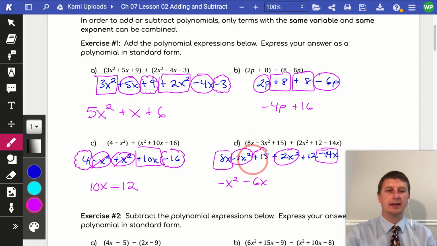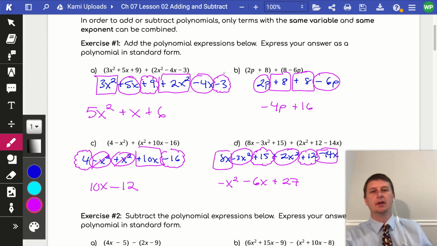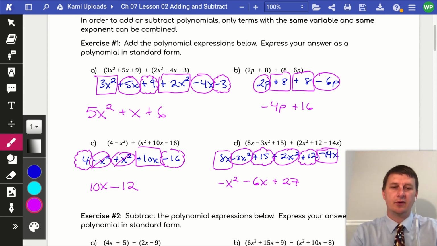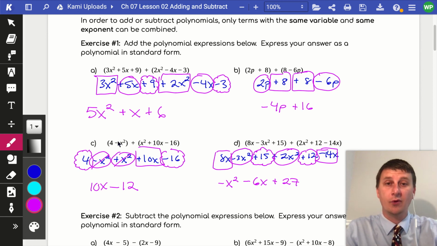And finally, my constants, I have 15 here, and I have 12 there, and 15 plus 12 is going to give me positive 27. So again, this is in standard form because I have my highest degree first, and then it goes down to my lowest degree. So all four of these have been simplified and placed in standard form.